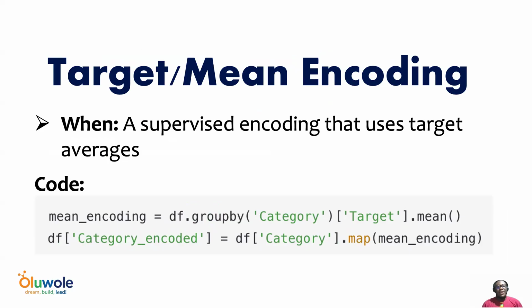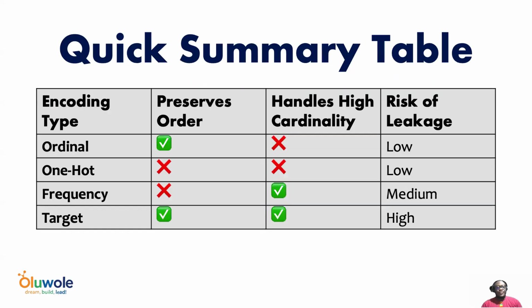Maybe you have categories like children, fashion, and things like that. So how do you encode categories? You can use the mean, what we call the target encoding.